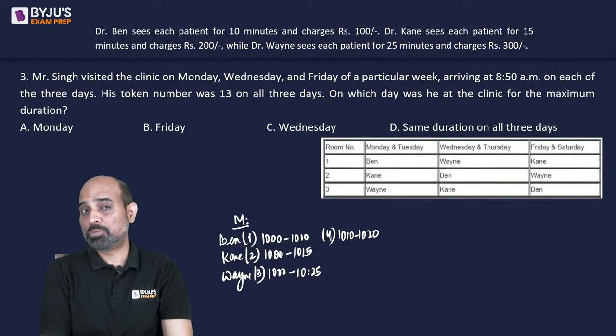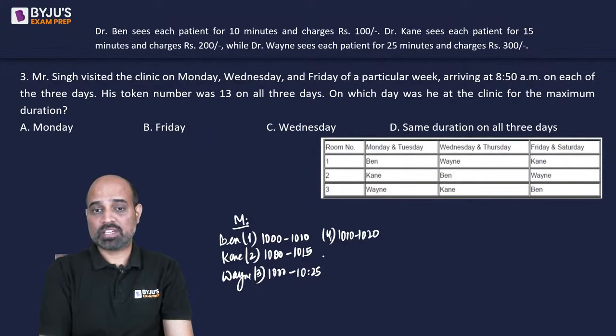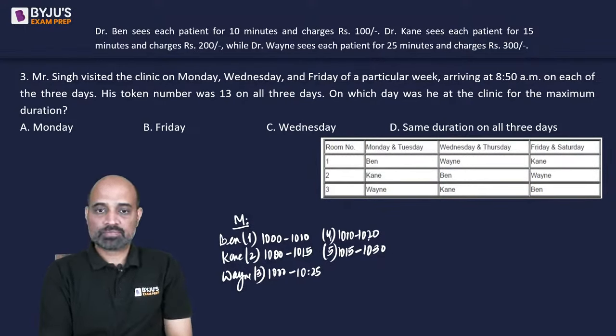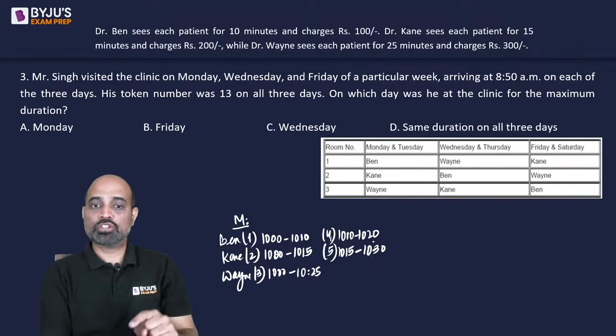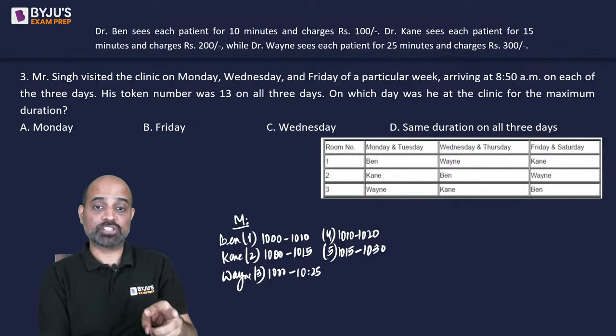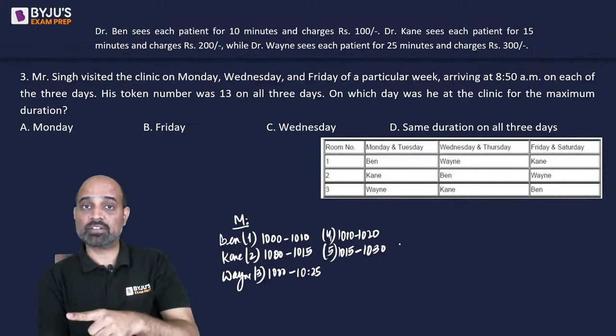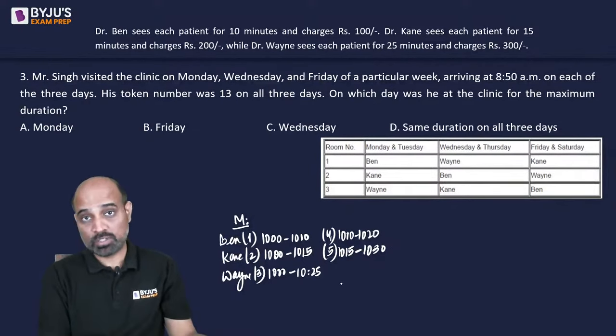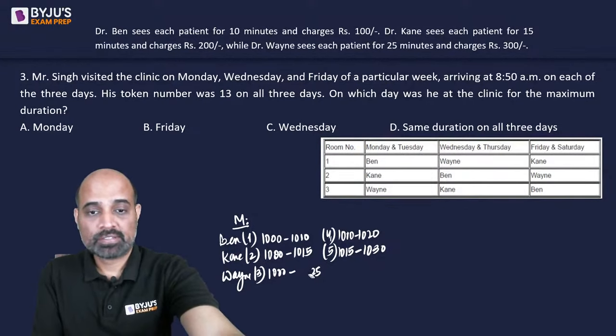In the meantime, room number 2 is empty. So patient number 5 can enter there at 10:15 for another 15 minutes, until 10:30. Patient number 6 is going to go back to room number 1. The reason being, the second patient of Dr. Ben is done at 10:20, while Wayne's first patient is still going to be seen by him until 10:25, right?